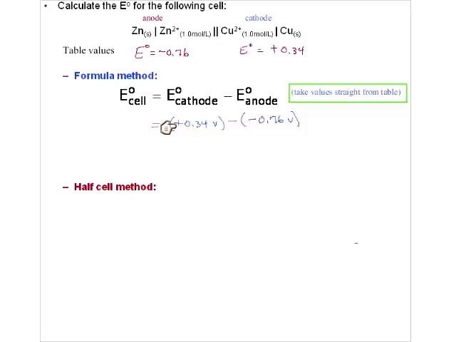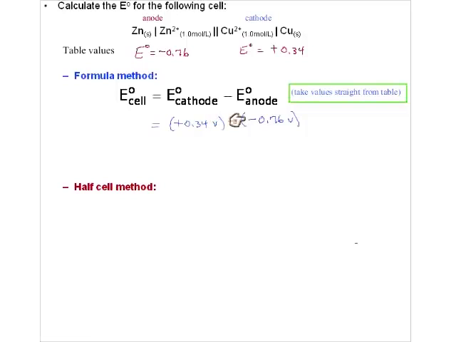So that value comes from the table, plus 0.34 volts, minus the anode. And the anode is the value for zinc right from the table, negative 0.76. Now, the negative sign right here takes into account that even though this is a reduction value, we would have had to reverse the equation, but we don't have to worry about that because this formula takes care of that for us.